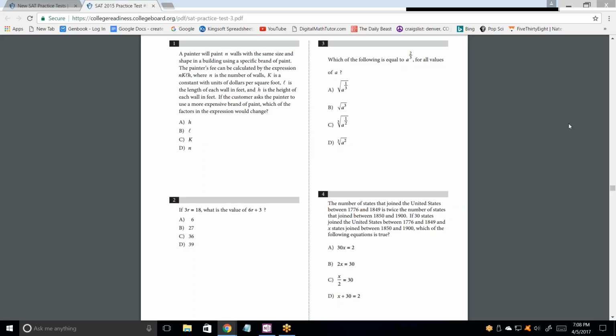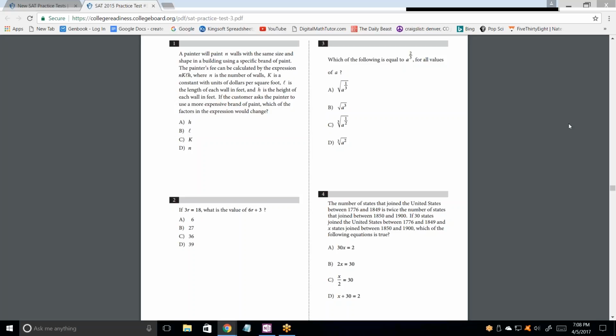So obviously the height of each wall isn't going to affect anything if he wants to use a more expensive brand of paint. The only thing that will be affected is the K, the constant with units of dollars per square foot. If you use a more expensive brand, it would be greater dollars per square foot.